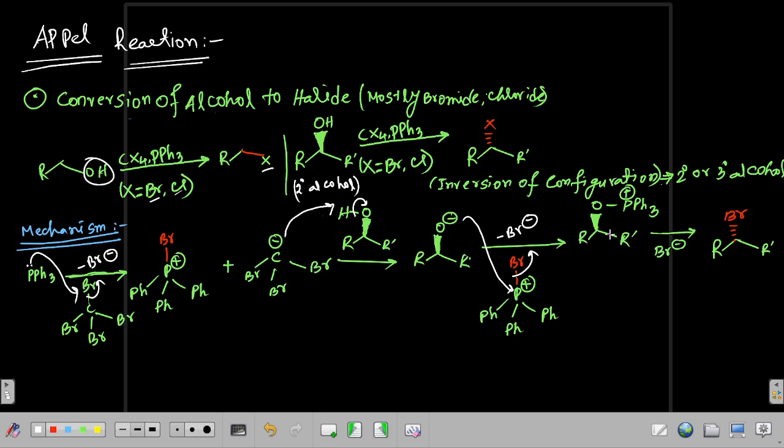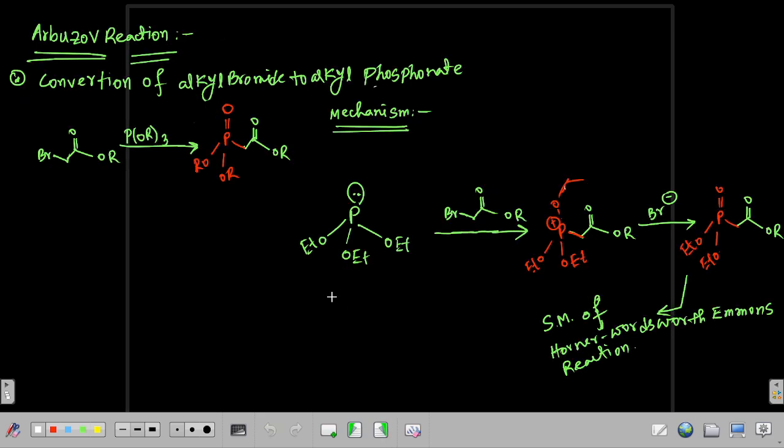So it leads to the formation of a phosphorus oxygen bond here, and we have bromide in the system. So this bromide will attack on this intermediate and it leads to the inversion of configuration as I said in the reaction. So this is an alkyl halide with inversion of configuration. Next reaction is Arbuzov reaction.